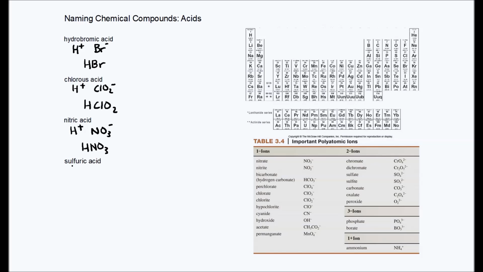This is polyatomic. Sulfuric came from sulfate. Sulfate is right here, SO4 2 minus. So I have the H+ from the acid, the SO4 2 minus from the sulfate, putting this together, H2SO4. And so sulfuric acid's formula is H2SO4.